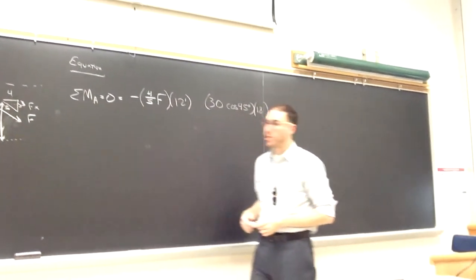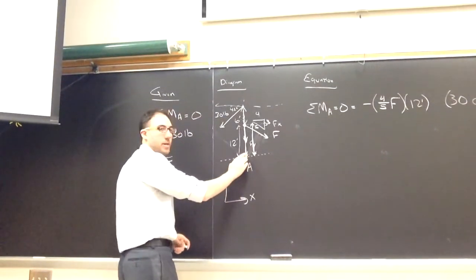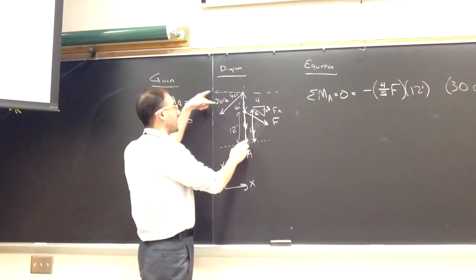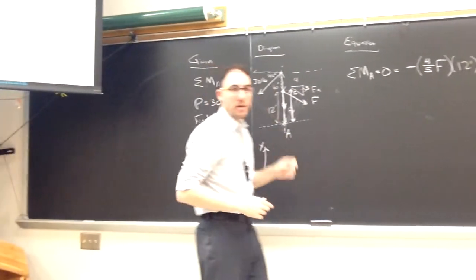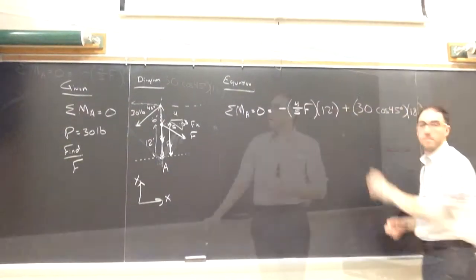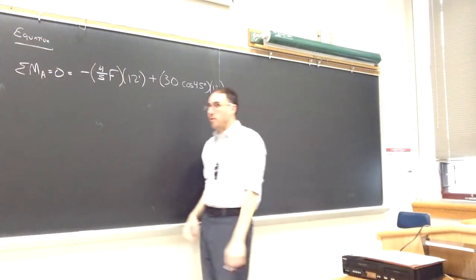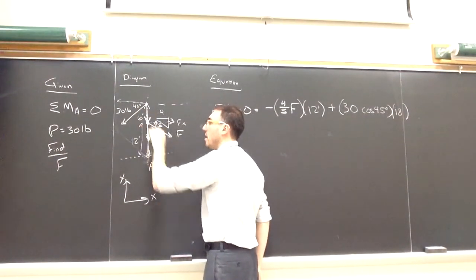Then I determine whether it is going to be counterclockwise or clockwise around A. Holding down on A, if I drag my finger in that direction, it's going to go counterclockwise. So the moment contribution from this component of force is positive. And then finally, there's the vertical component of force P, which is going to be acting down.